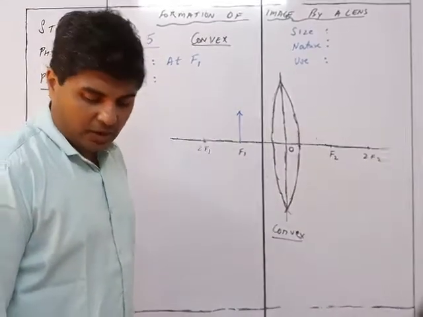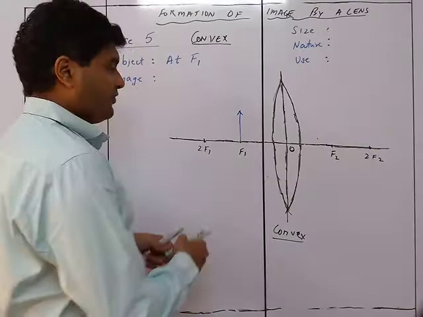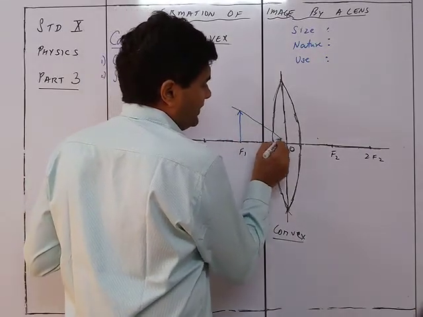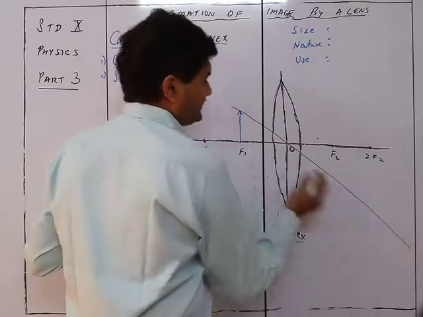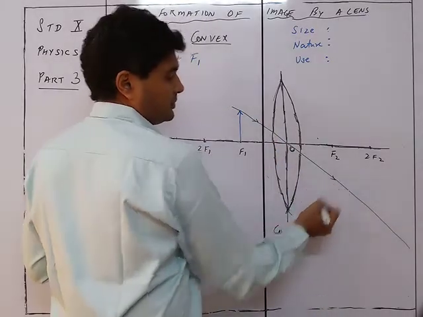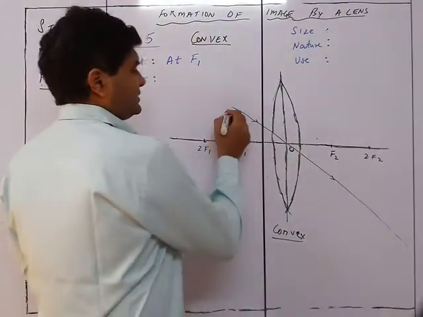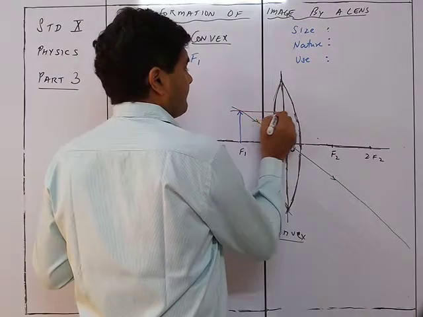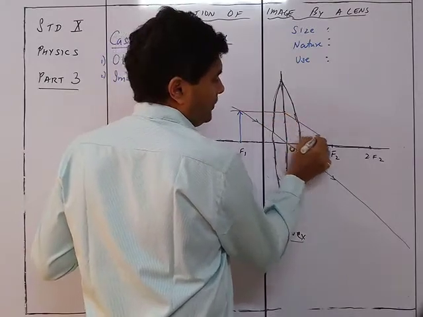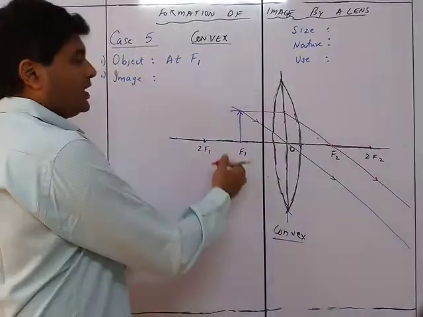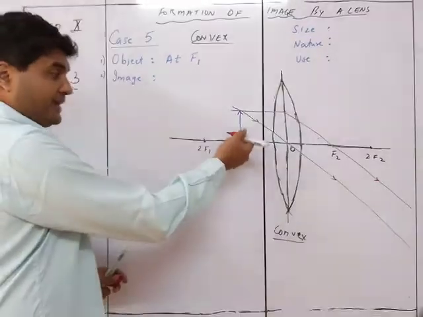So object is now at F1. So now let's see how to draw the figure. First one, of course, passing through O. So it goes undeviated. Passes through O like this. Second line, parallel to principal axis. It will pass through F2 like this. Third line from F1 you cannot draw because the object is exactly on F1.